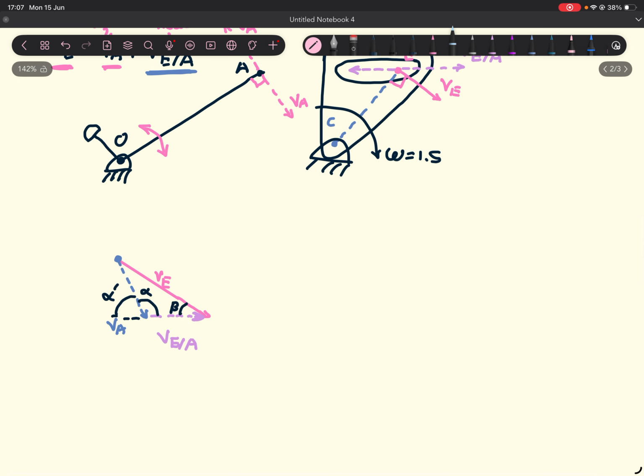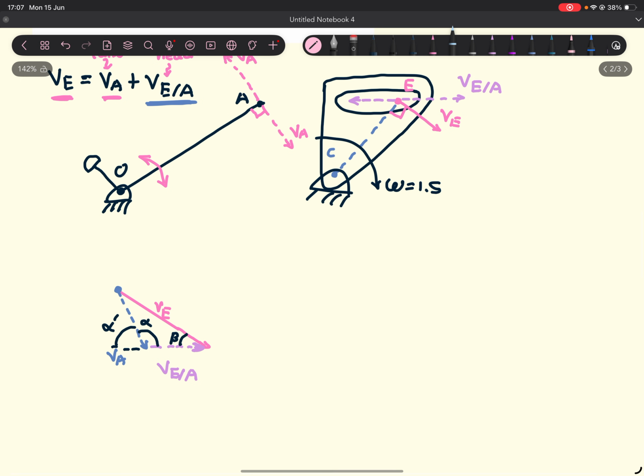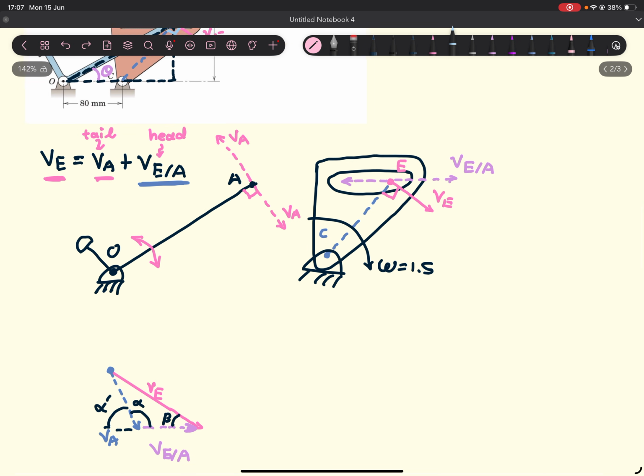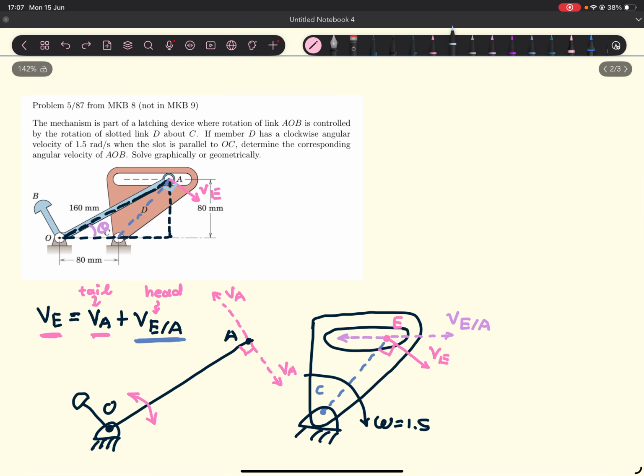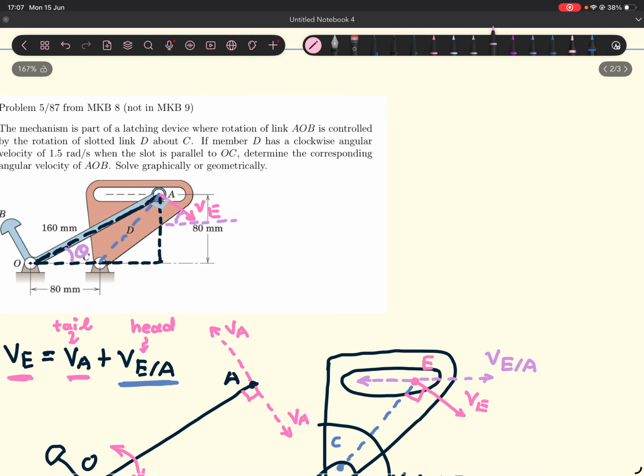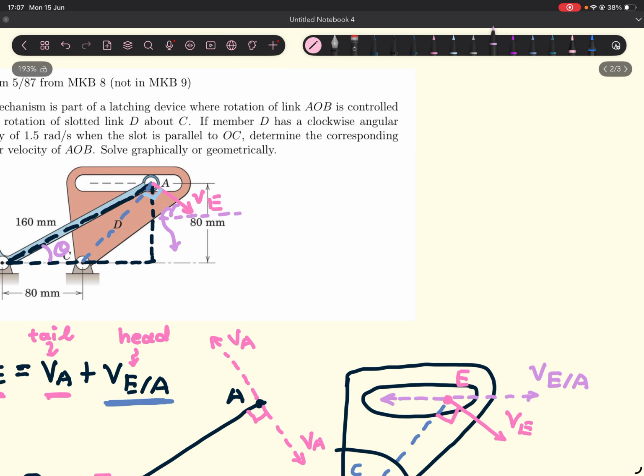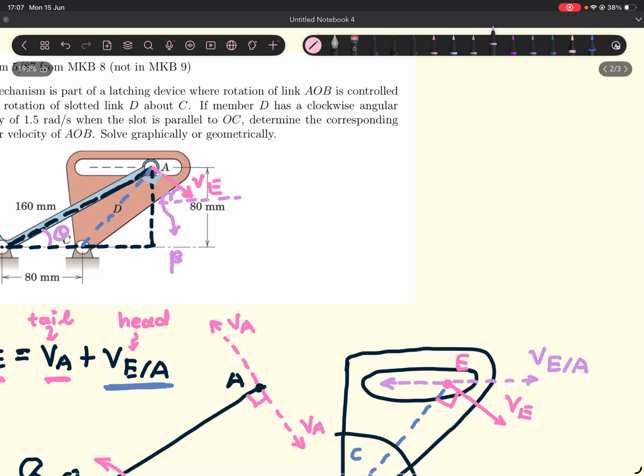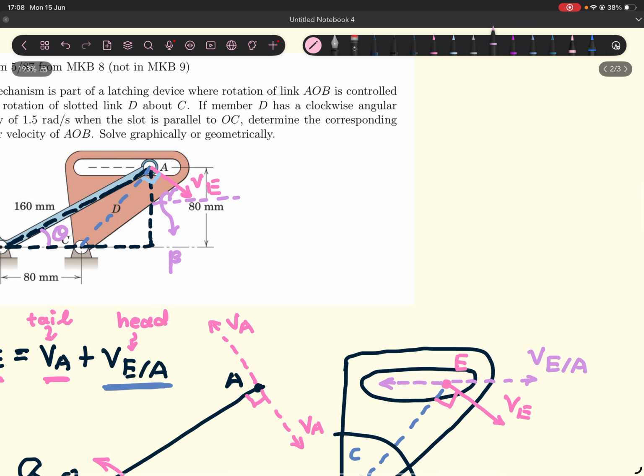The angle that I'm looking for is beta over here, and that's the angle that VE makes with the horizontal line. So I'm just going to draw in a horizontal line at the head over here, and this is our beta. So this is the angle beta that we're looking for. Okay, now if you zoom into this section over here, you can see that we have a small right angle triangle. So I'm just going to draw that in.